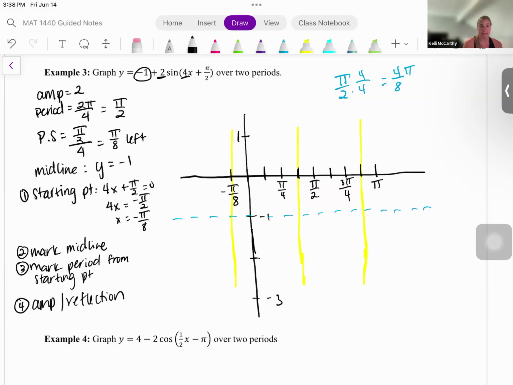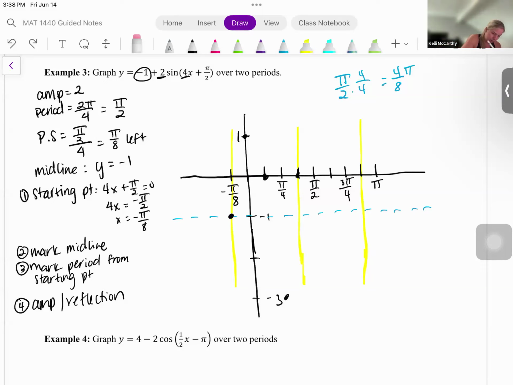Thinking about our sine function, we start at the midline, go up to the maximum, back to the midline, down to the minimum, back to the midline. So we are starting at negative pi over 8, and our midline here is at -1. Then we're going up to our maximum, back to our midline, down to our minimum, back to our midline. Oops, sorry, those points are wrong.